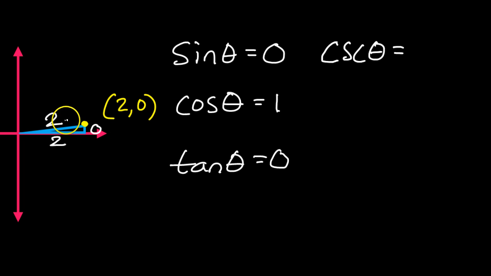Cosecant is hypotenuse over opposite. So that would be like 2 over 0, hypotenuse over opposite. What's wrong with this picture? Yeah, you can't divide by 0. Okay, so we got this because it was 0 over 2. But 2 over 0 is undefined. So for that reason, the cosecant is undefined.